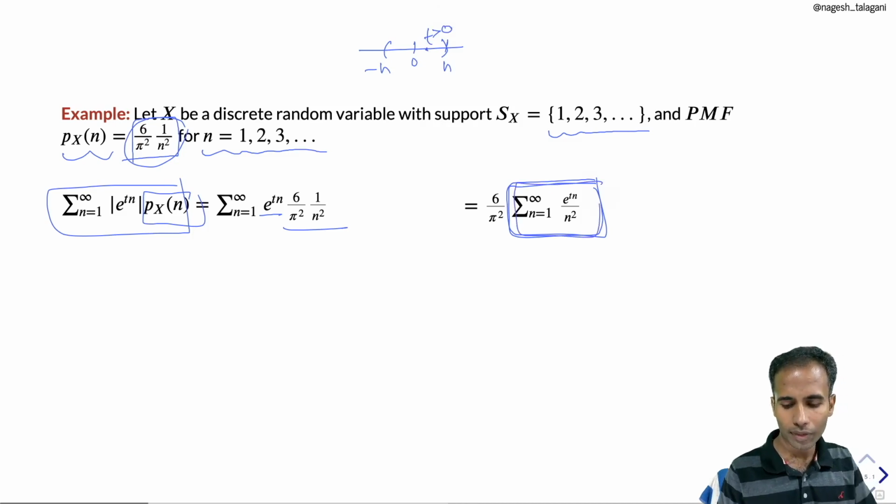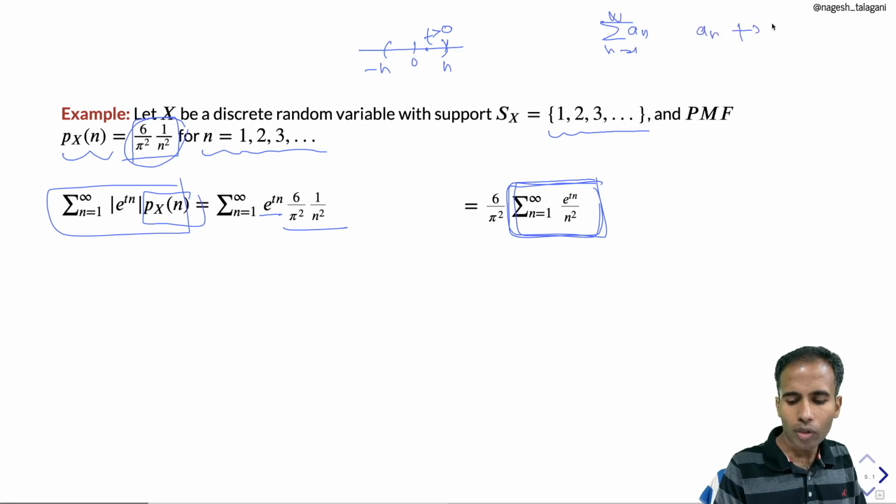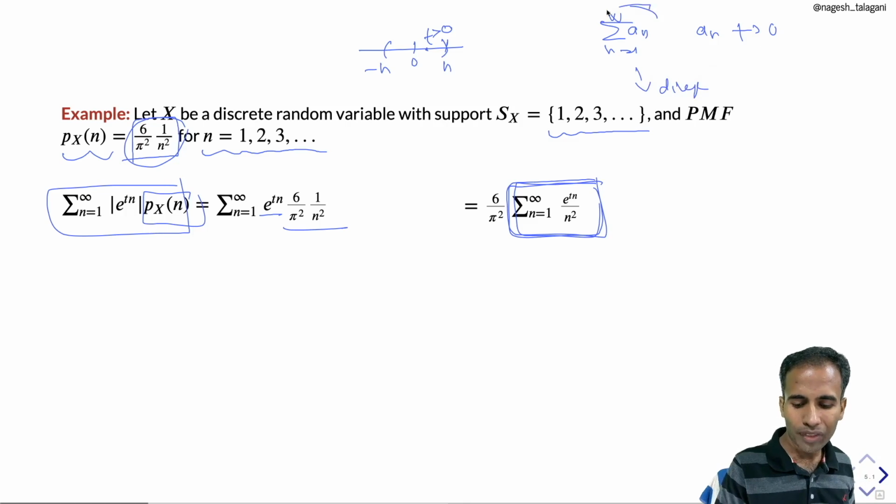The reason is this. You should know the nth term test: if for a given series a_n, you know that a_n is not going to 0, then you can say that the series diverges, because if the series is convergent, a_n must go to 0.